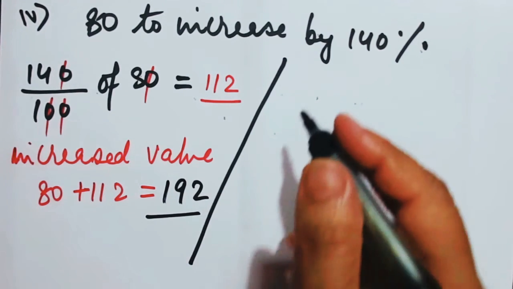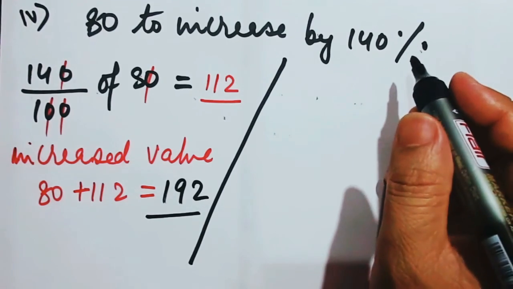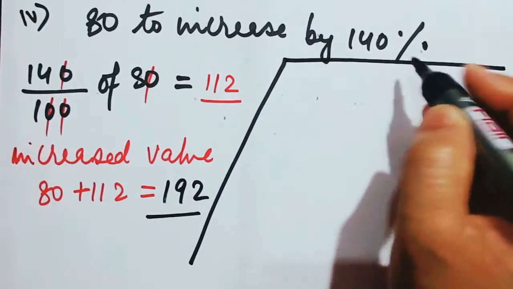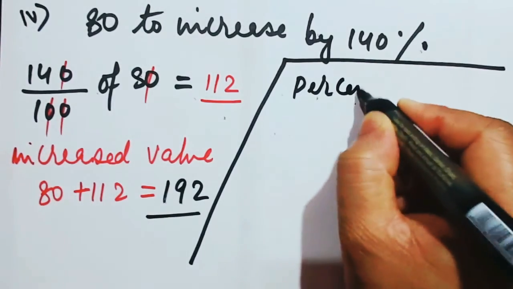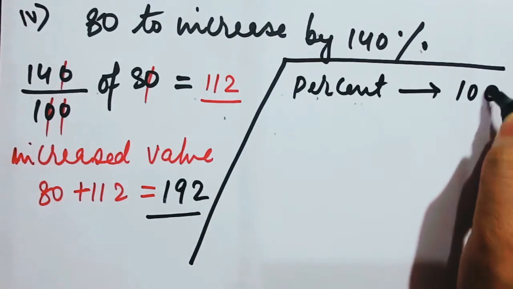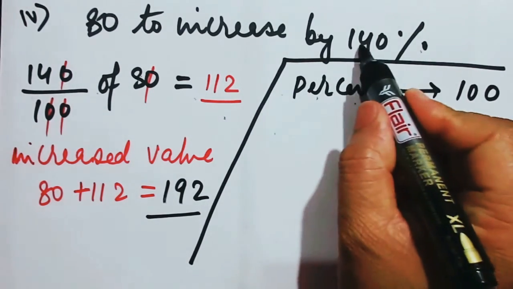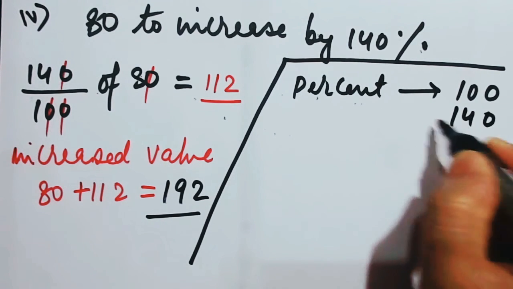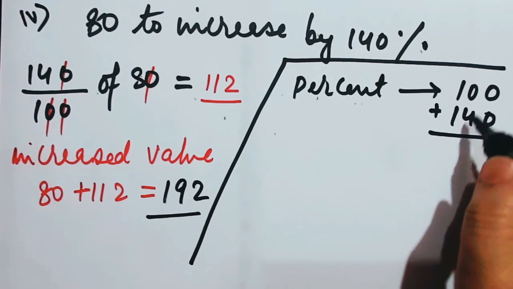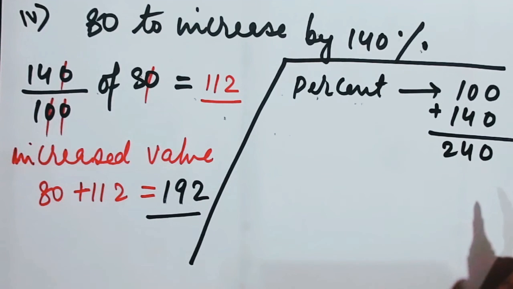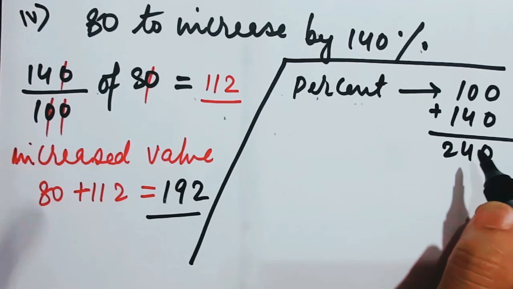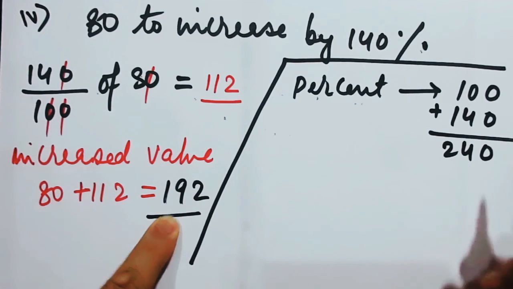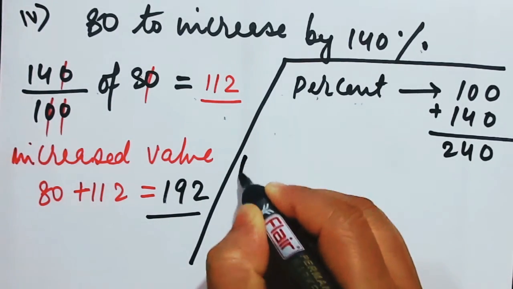Now if I use the formula method, your percent is already 100. Percent is already 100. Now you are increasing it by 140% more. So 140 more will give you 240. So if you find out 240% of 80, you will get 192.